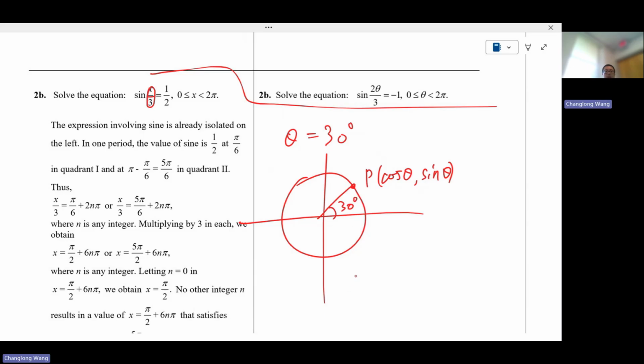So now my question is, would there be another point Q whose vertical coordinate is exactly the same as the P? And it's going to be 1/2. Right? P has the sine of theta, which is the vertical coordinate, to be 1/2. I want another point to have exactly the same vertical coordinate. What would that point be? It will be on the other side, right?